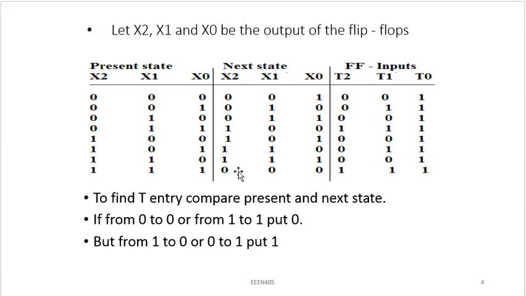Okay, so the next thing is, how do we get our entries for these flip-flops? Because we said we are using T flip-flop, and these are T2, T1, and T0.